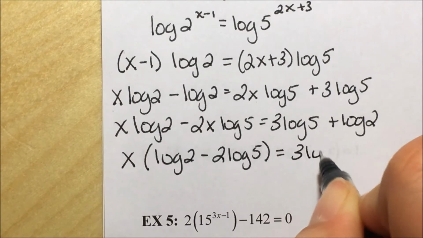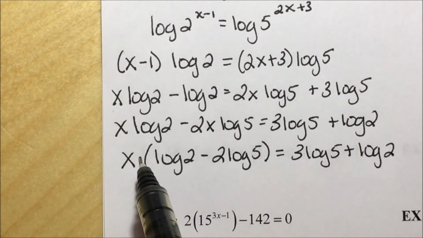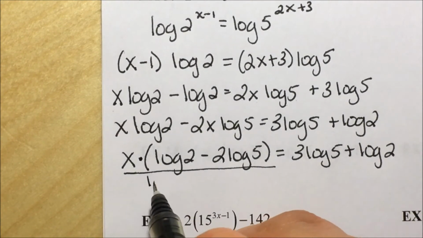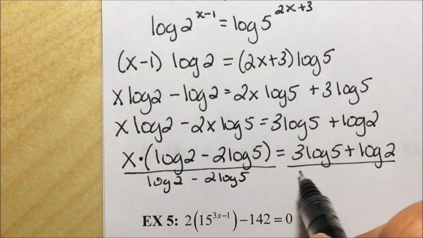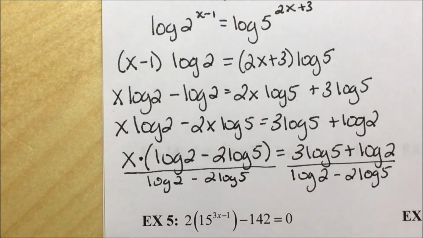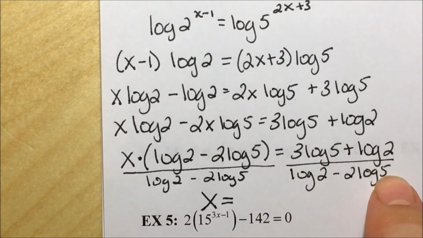It doesn't have any variables in it. So then last thing is to just divide away this entire coefficient, really large, but it's all just one number. And now I've got x by itself, and this is what x is equal to.